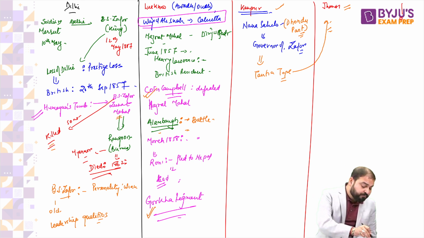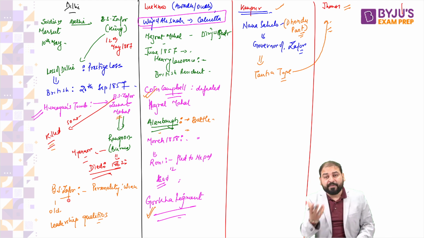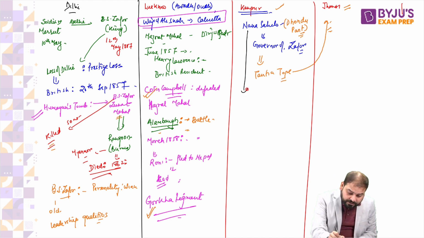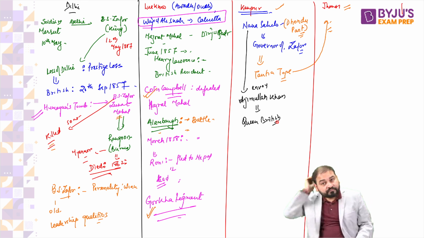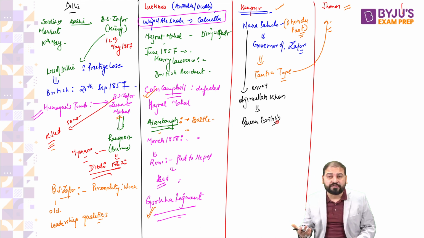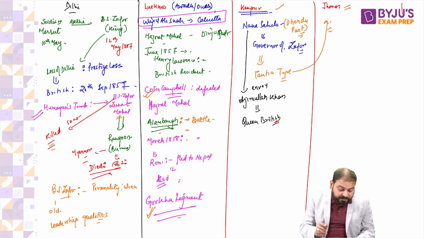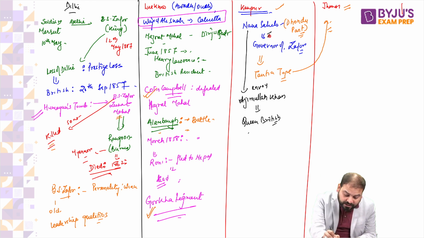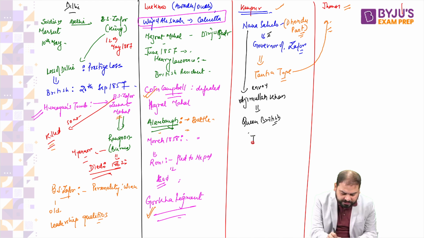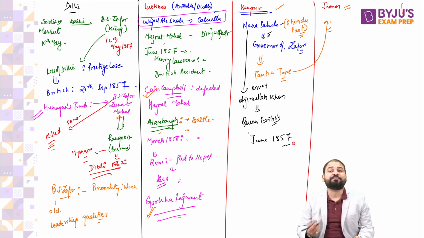Guys, when he was not being given the pension, he had even sent his envoy, Azimullah Khan, to the British Queen, to plead his cause, that madam, please give him the pension. But the Britishers refused. And then Nana Sahib started the revolt again around June 1857. But then he was defeated.